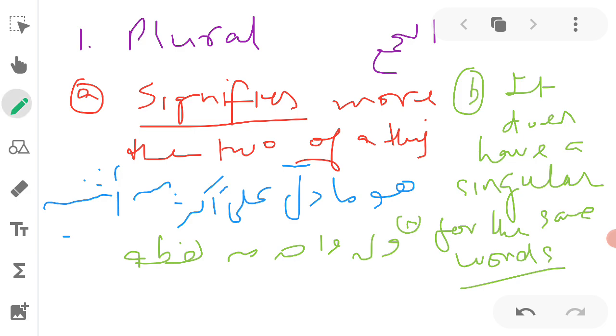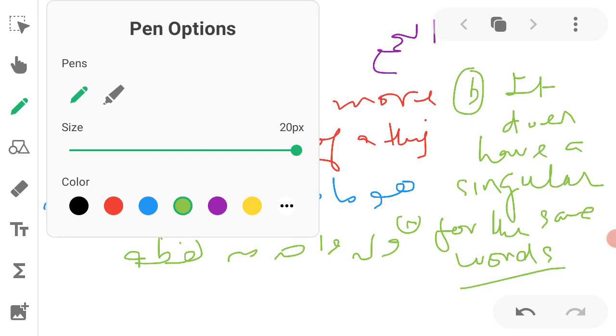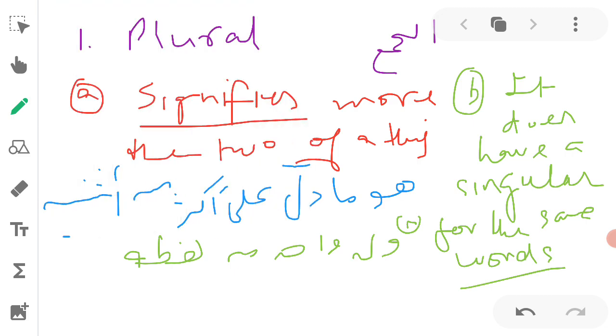And the third and the final condition. The second one is to exclude it from ismul jam', because as we will see, the plurals of ismul jam' are not from the same words as the singular of that plural. The third one is to exclude it from the ismul jinsul jami', the common noun plural.